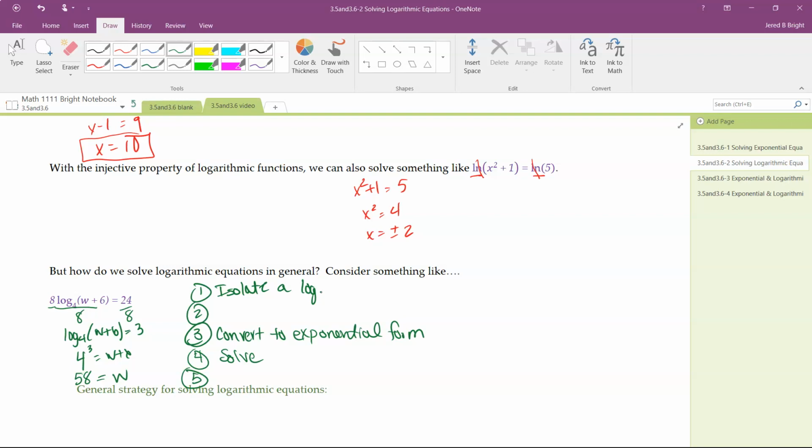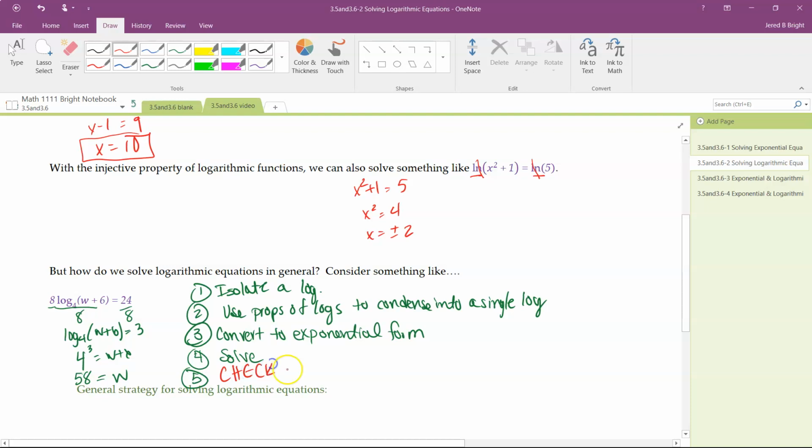So you might want to use properties of logarithms, I'm doing shorthand here, to condense into a single log. That's why we focus so much time and energy on condensing and expanding. And step 5, this is perhaps the most important step, is to check your answer.